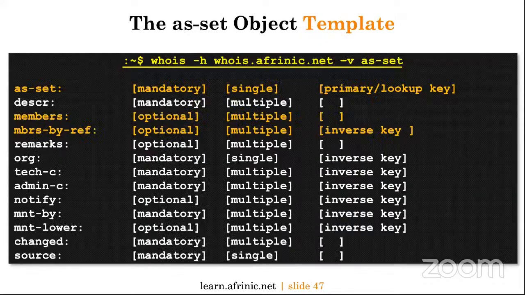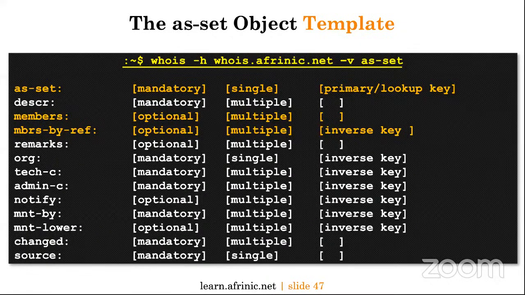So the template also, if you go through whois.afrinic.net, you look at the template for an as-set object, the template looks like this. So the key value attribute pairs have been highlighted here also. The as-set is mandatory. Now the members and the mbrs-by-ref. This field is used to define the set.